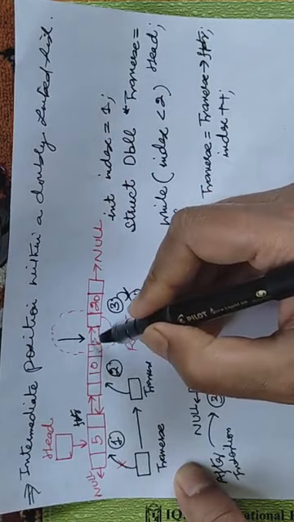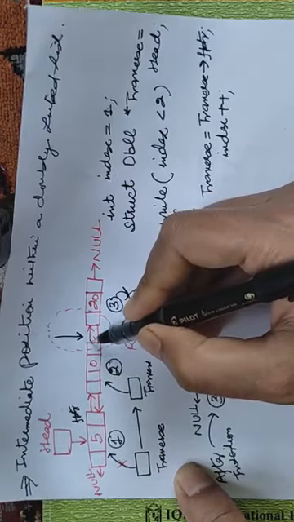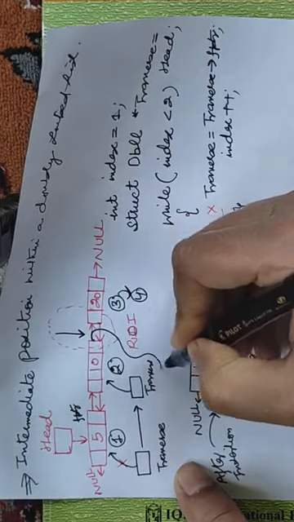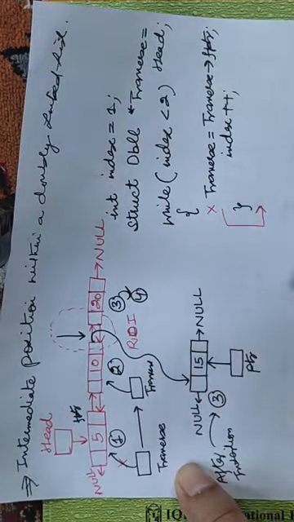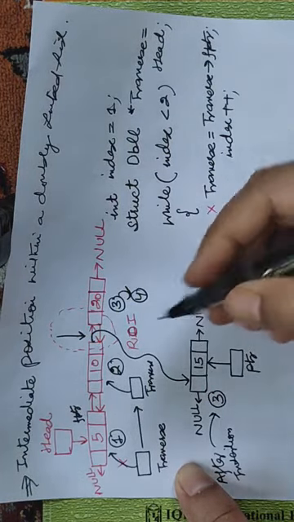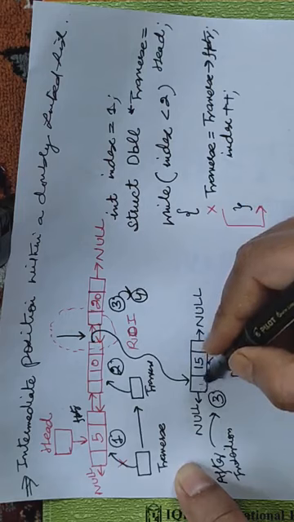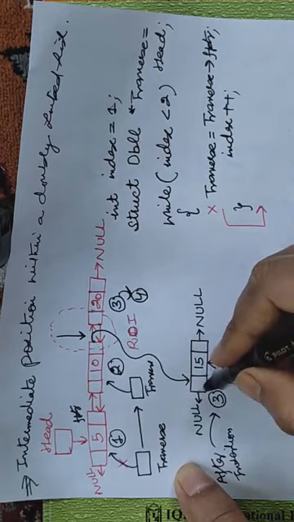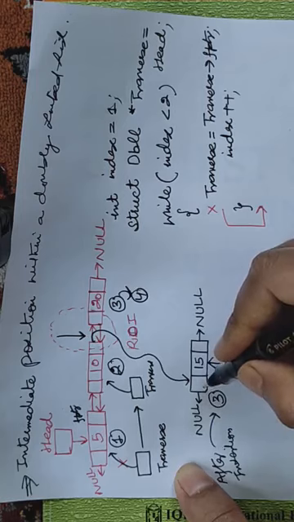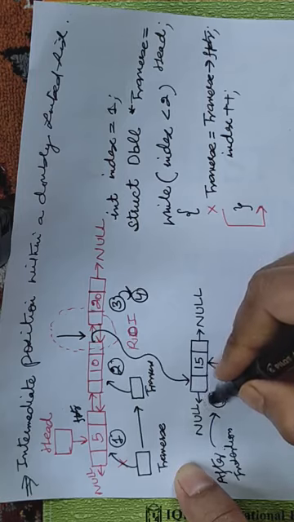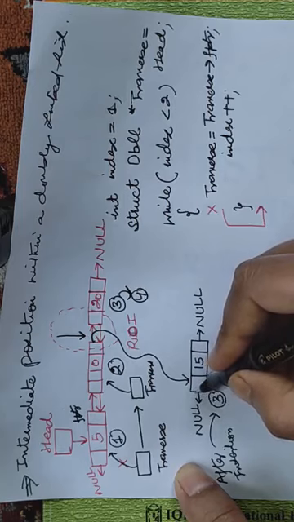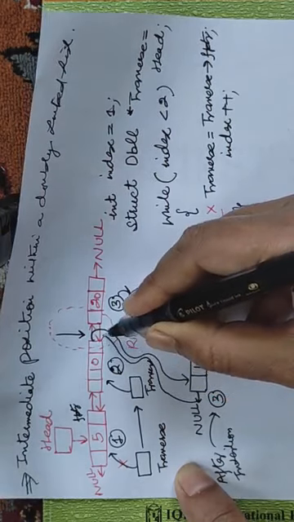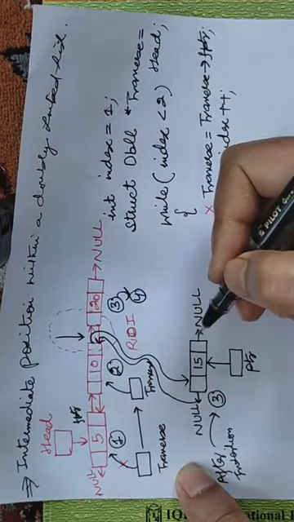That means we have to make this node point to this node, and we have to make this back pointer of this new node, which points to null, point to this node. Okay.